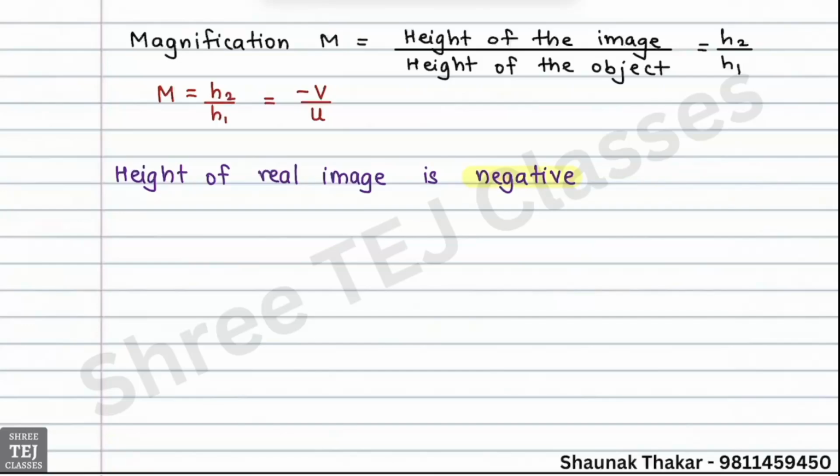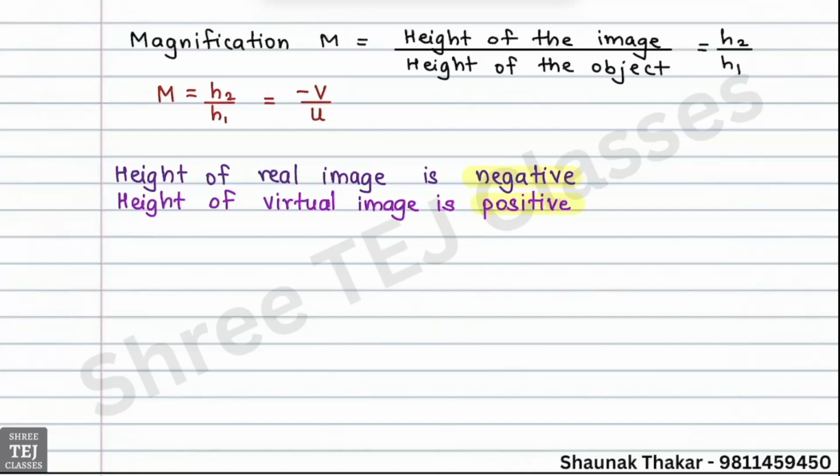If you recall, image distance is also negative, and height of virtual image is positive. Similarly, image distance of a virtual image is also positive.